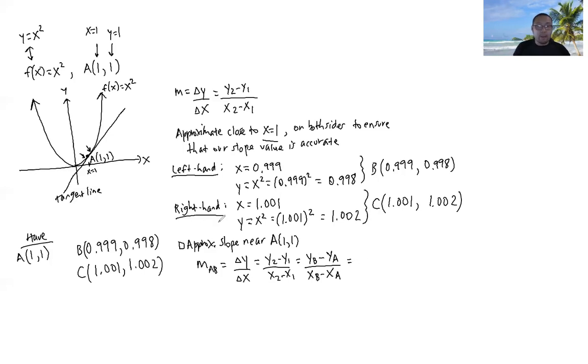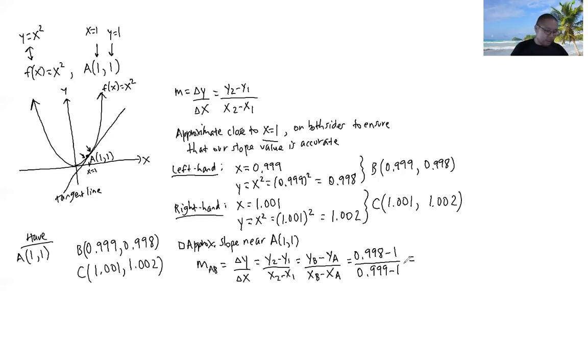So y of B is equal to 0.998, 0.998 minus y of A, which is 1, divided by x of B, which is 0.999, minus x of A. So that's just 1, right?